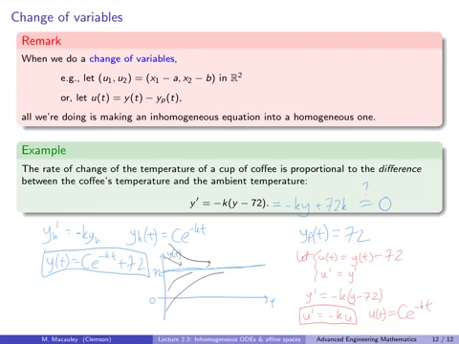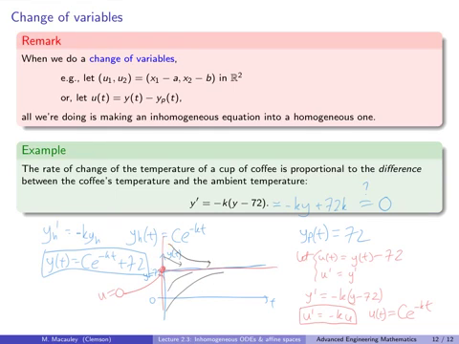So all we've done is, up here in this graph, instead of this being y equals 72, I'm going to declare that it is u equals 0. So the origin is moving up here, and now these, I don't need to redraw them, the solutions are decaying to 0 instead of decaying to 72.